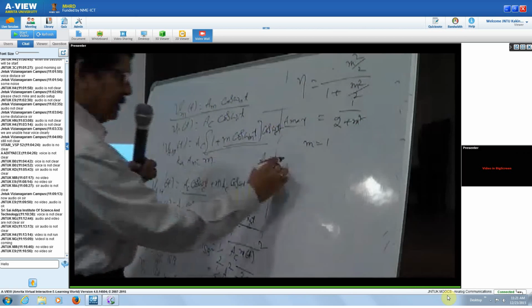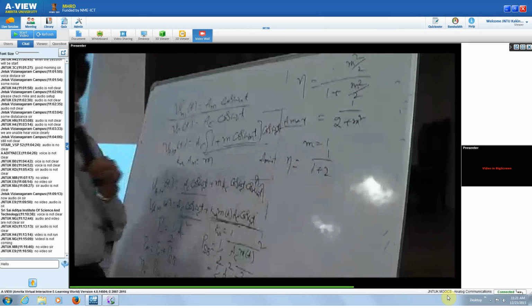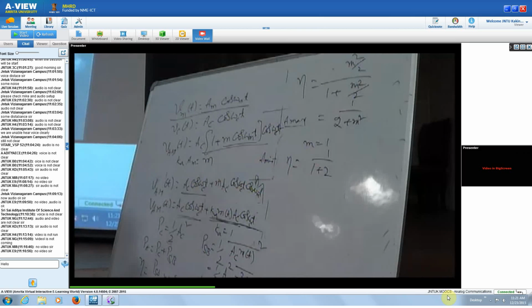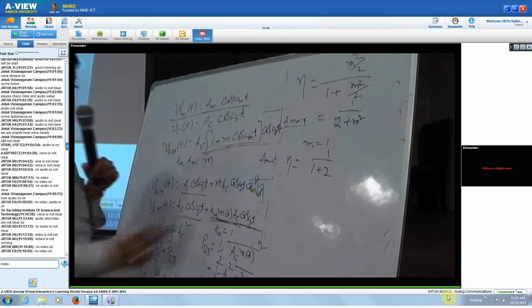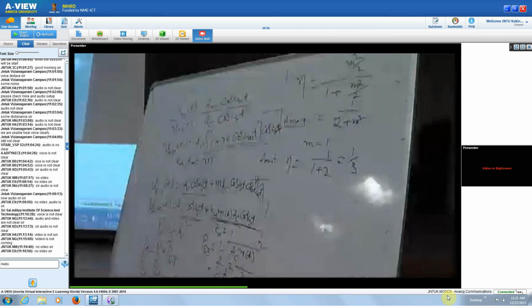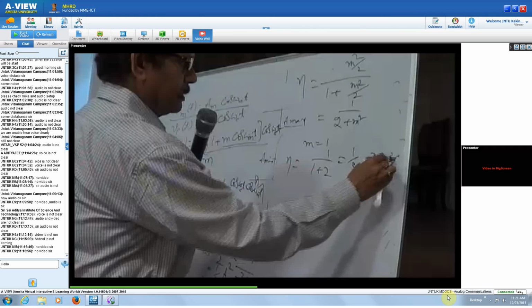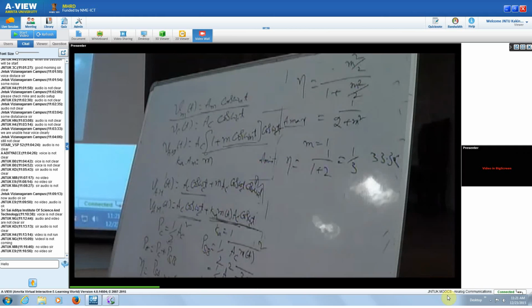Then what will be the efficiency? 1 by 2 plus 1, because m square equal to 1, which is 1 by 3. That means the efficiency is only 33.3%.